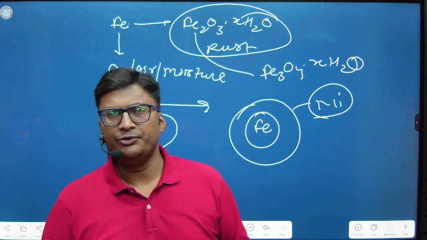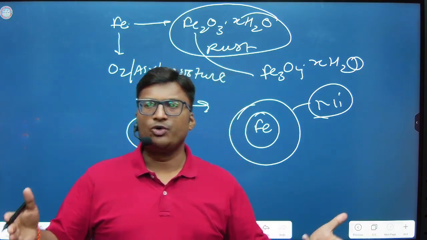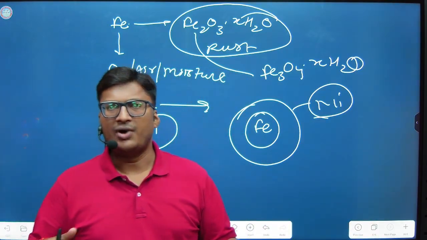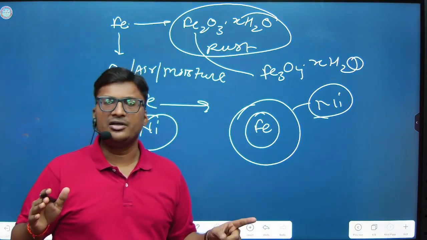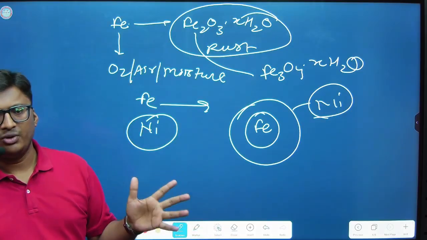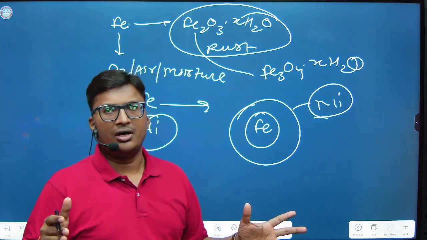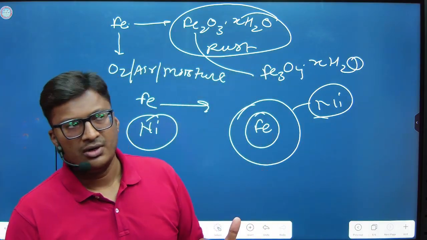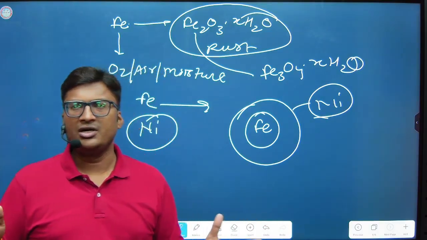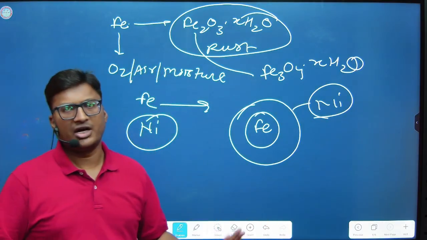So if you have an electrochemical series, and if you want to apply it, then we must know the characteristics of standard reduction potential, and which one easily undergoes oxidation, which one easily undergoes reduction.